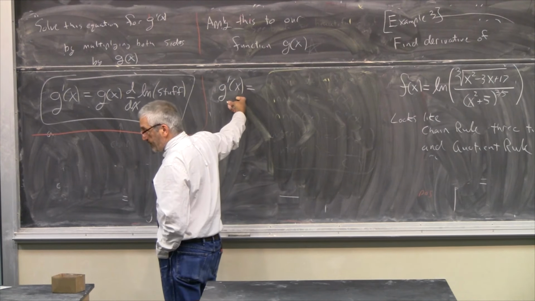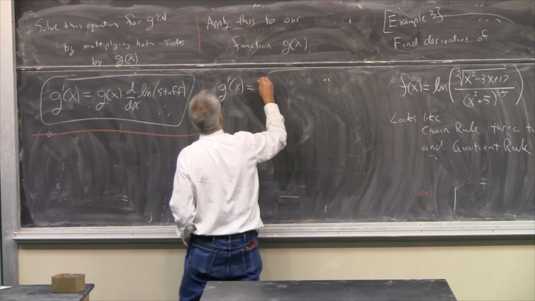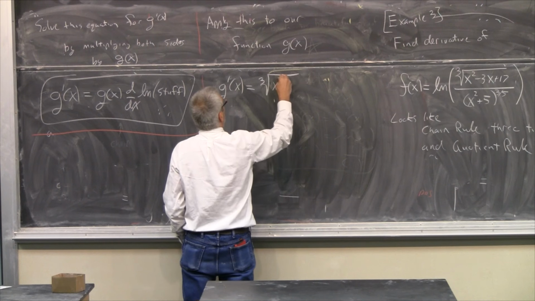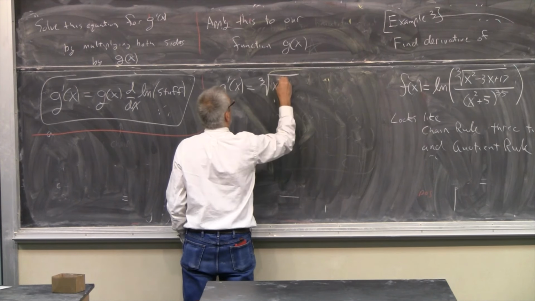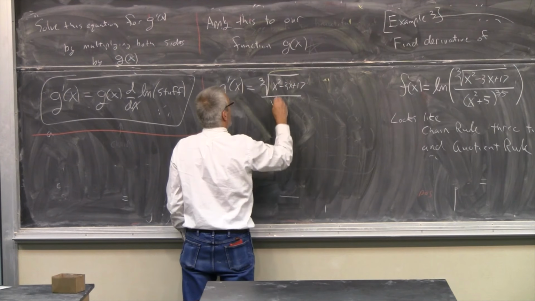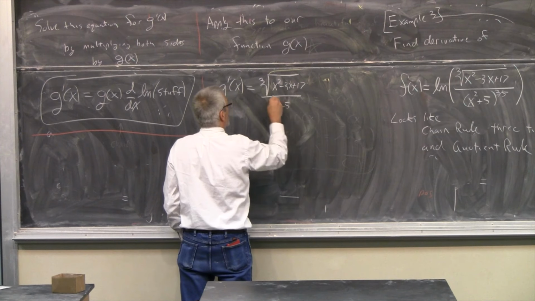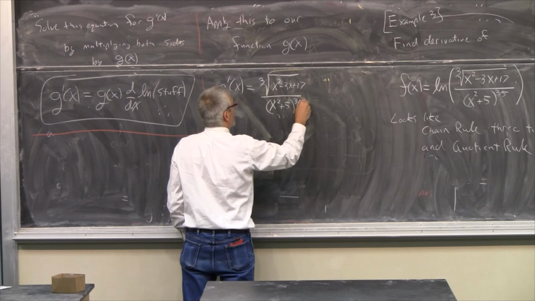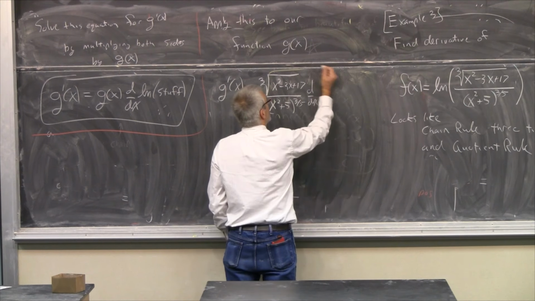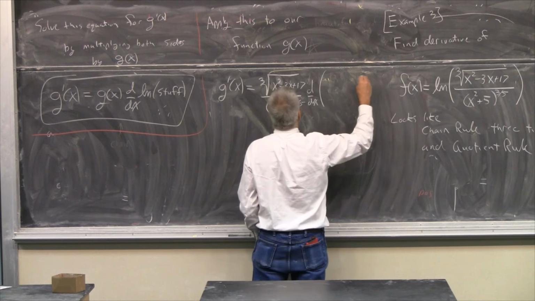Okay, so all that stuff, cube root of x squared minus 3x plus 17 divided by x squared plus 5 to the 3/2 times, oh, this is going to be terrible, the derivative of all that stuff.